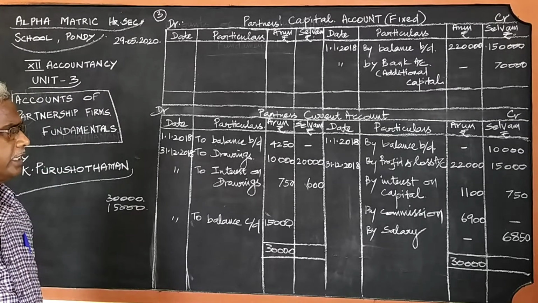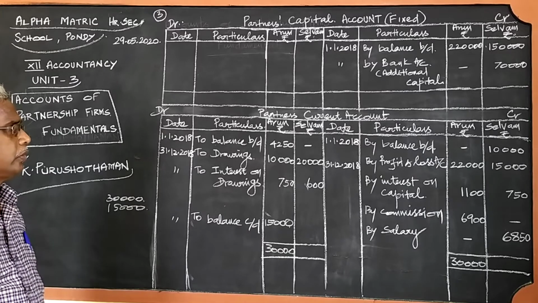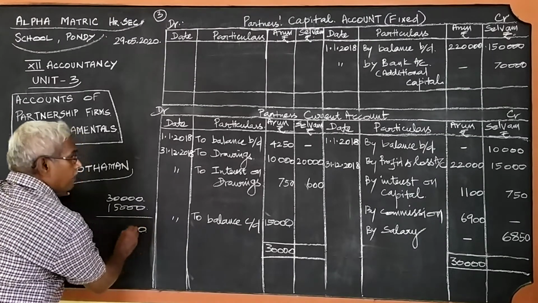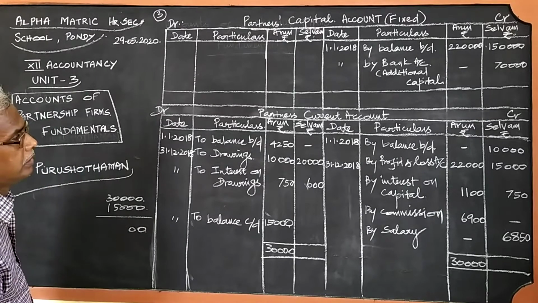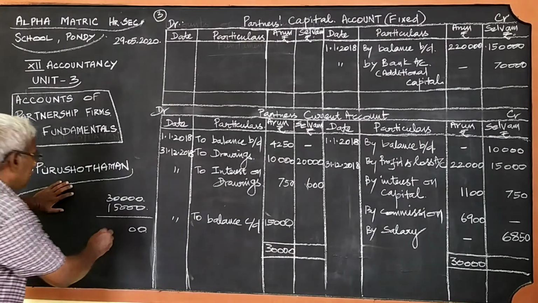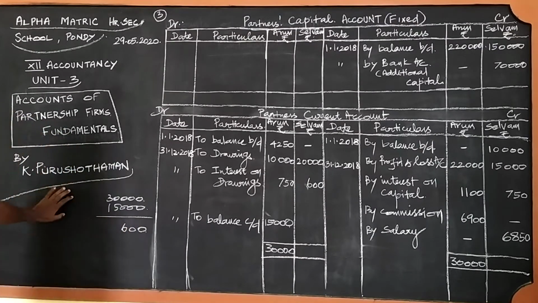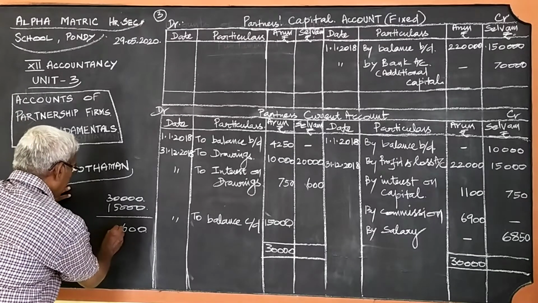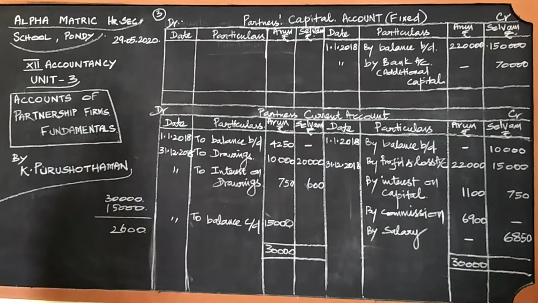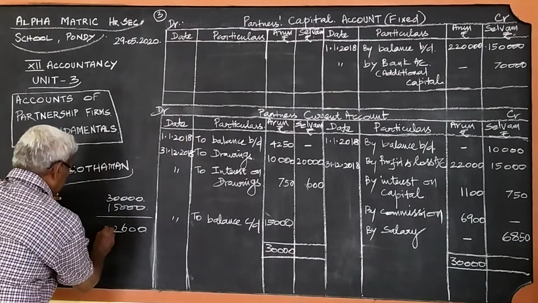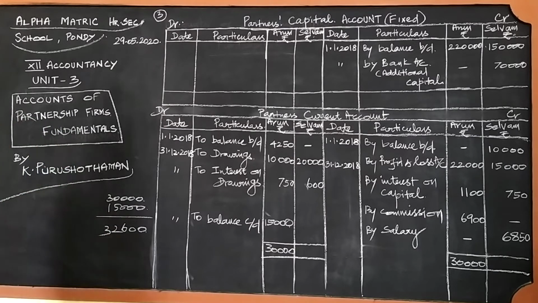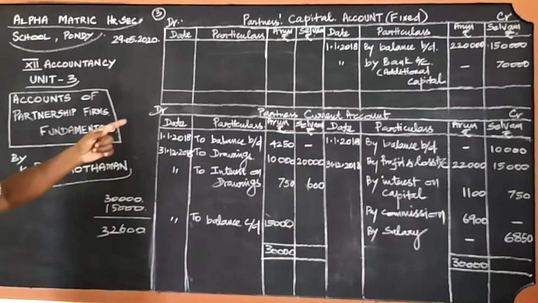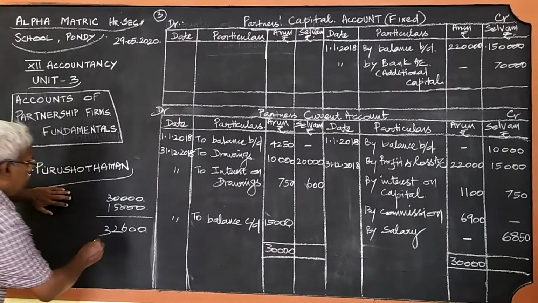On the credit side, 32,600. Whereas on the debit side, 20,600.